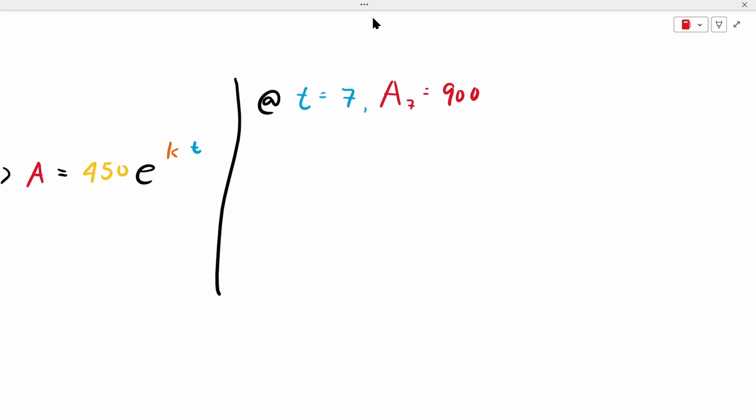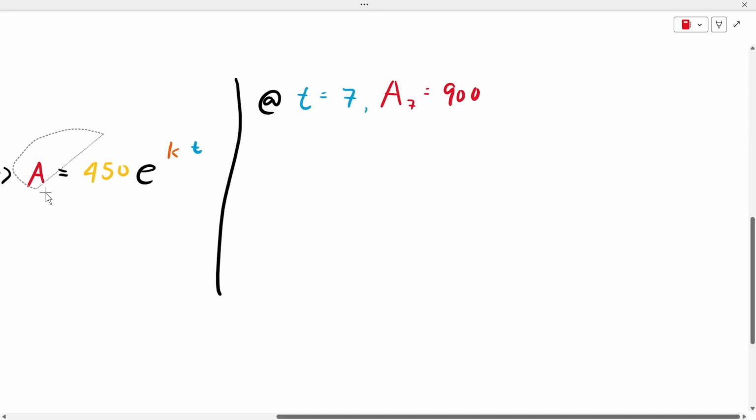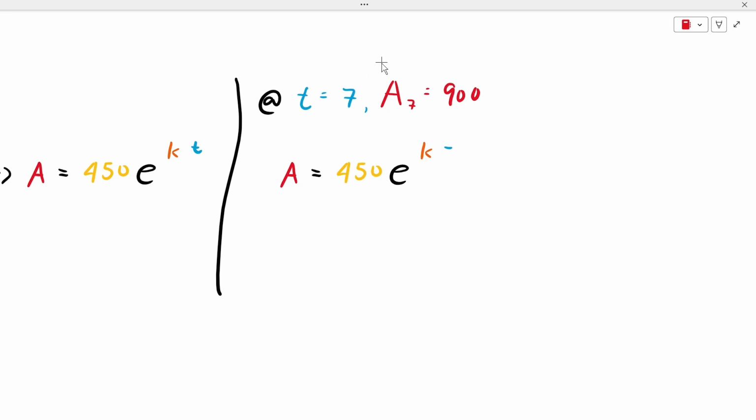This time we will be using this equation: 900 equals 450 times e raised to k t, and t is 7.